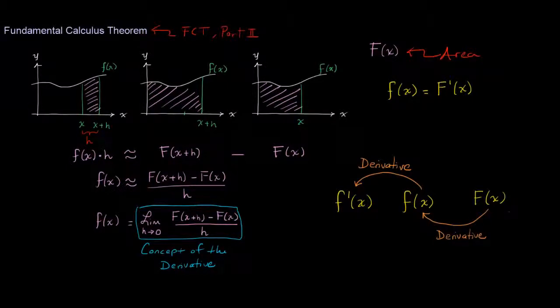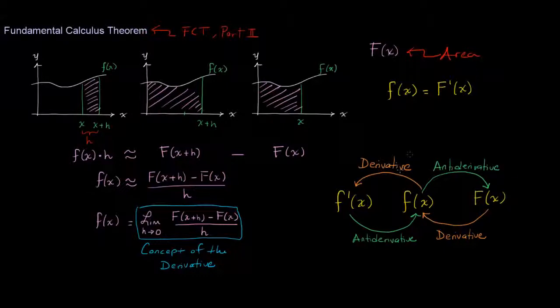Now, if you want to do the opposite, that is to move from f prime to f, or from f to big F of x, you would use something called an antiderivative, and it will apply just the same. You move from f of x to big F of x by taking an antiderivative.